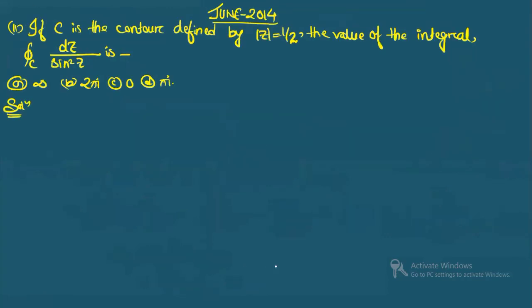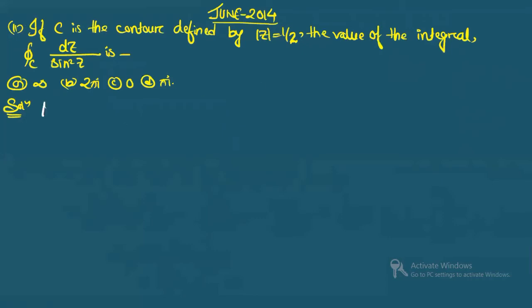Now let's see question number 11. What is said here? If C is the contour defined by mod of z equals half, the value of the integral dz by sine square z is what? So mod of z equals half, and you will have to calculate the value of this.